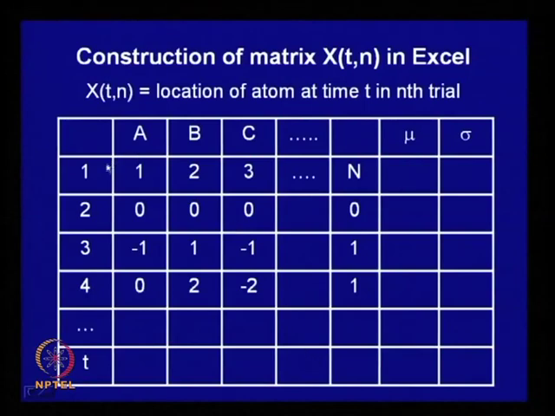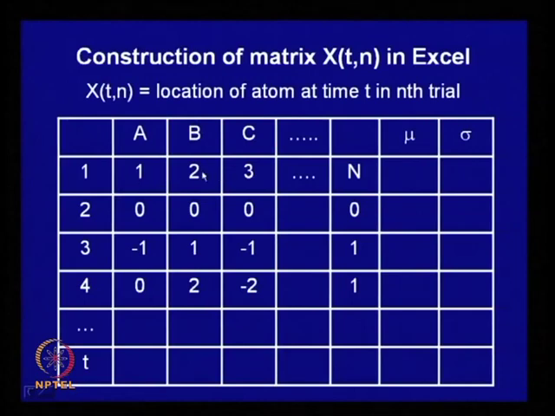Now, you can set up a spreadsheet like this. Construct a matrix X with two suffixes, t and n. t represents time, the time step, and n represents the number of trials. We put the trials in columns A, B, C, continuing up to n, and each row is a time step.